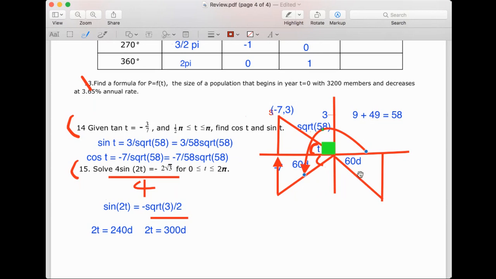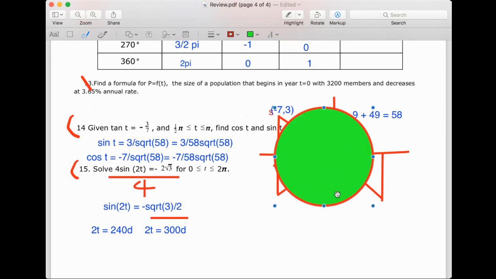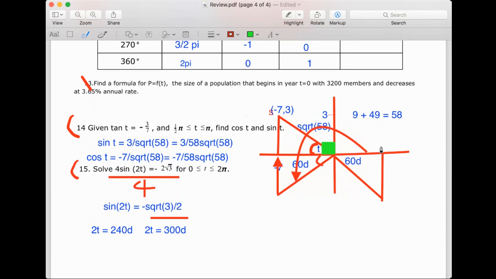Okay, similarly for this one, let's just leave this one here. So we'll measure this one up to this coterminal line. So basically a similar idea, right?